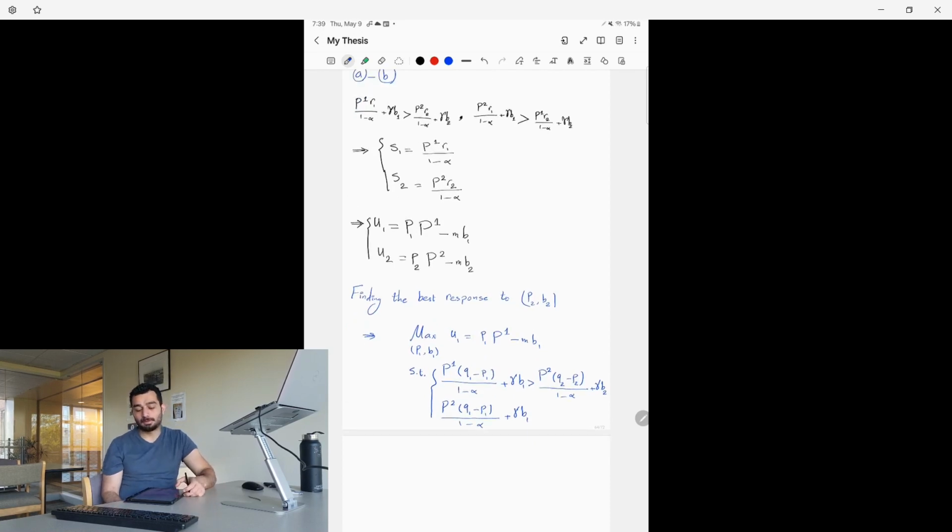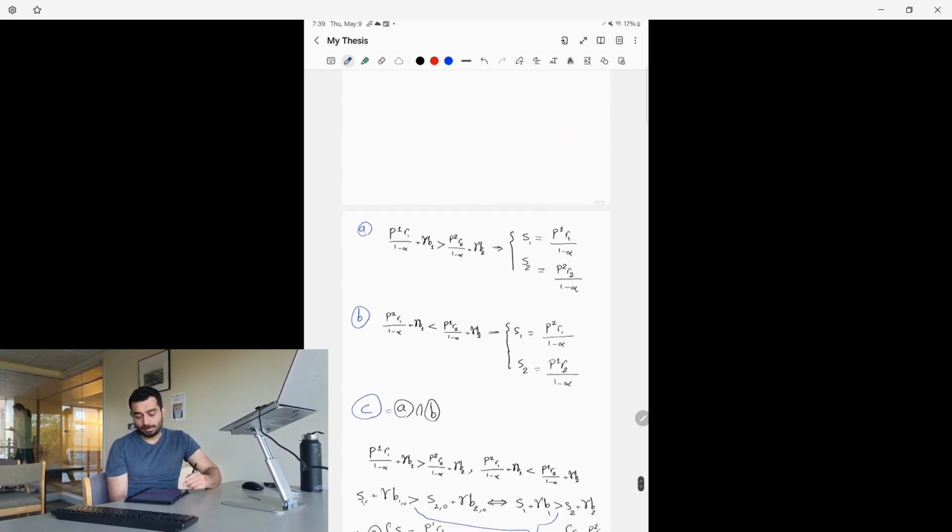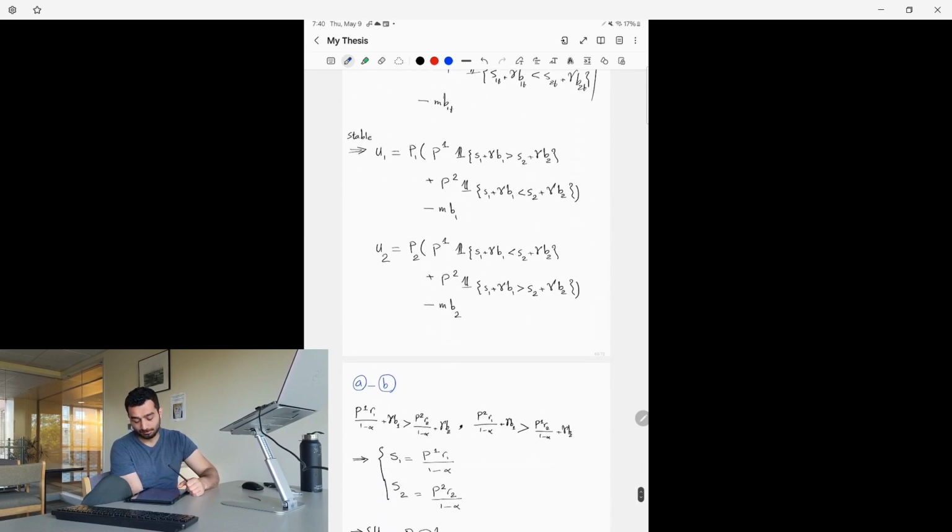Okay, first of all, A minus B, it's obvious that, okay, A is this, right? P1 R1 plus gamma B1, B is P2 R1 plus. A minus B is when A is happening, which we have here, P1 R1 minus 1 minus alpha plus gamma B1, right?